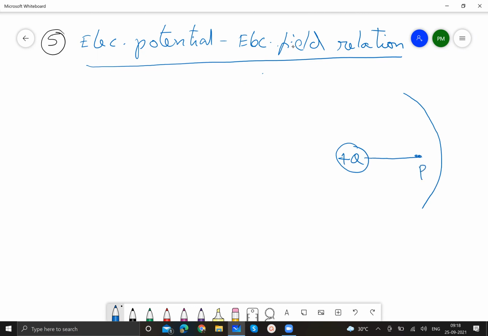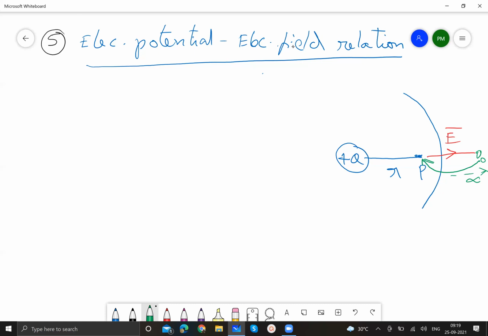This is the point of interest P at a distance r from the considered charge, and this is the direction of electric field. So electric field is always directed away from the positive charge, and the potential concept is defined in bringing a test charge from infinity to a point in the electric field. So somewhere here there is a point at infinity. So the test charge Q naught is to be brought from infinity to the point in the electric field.